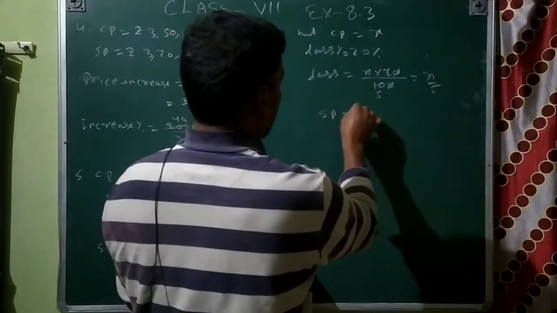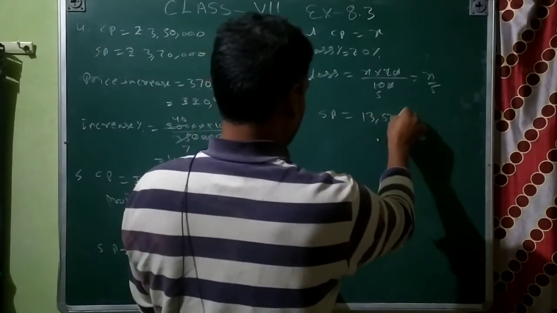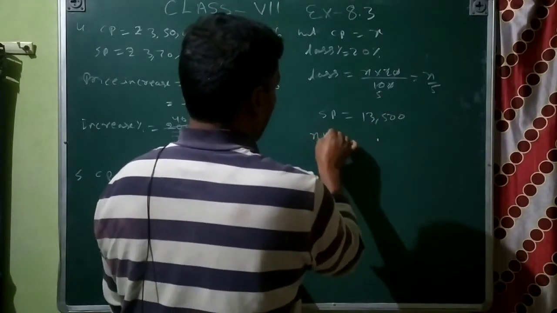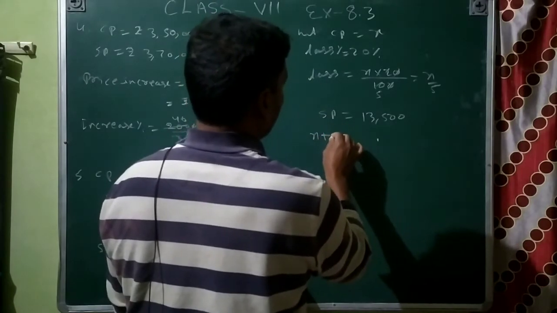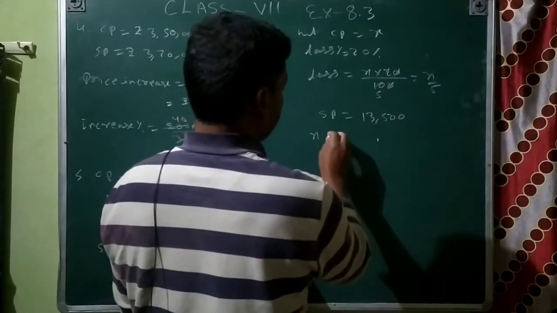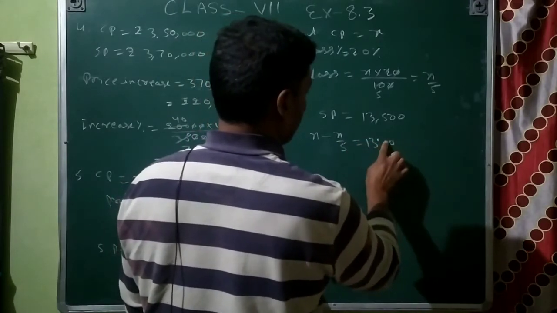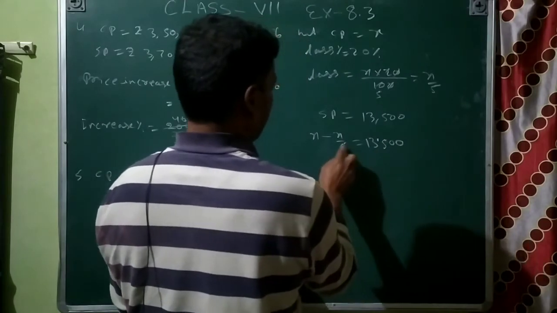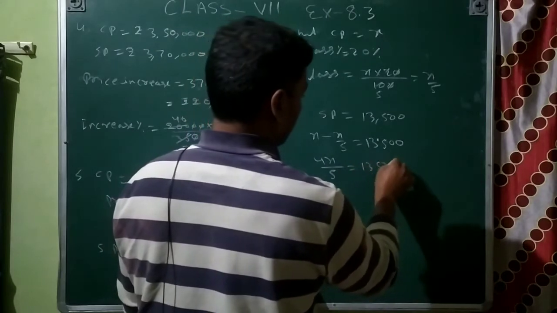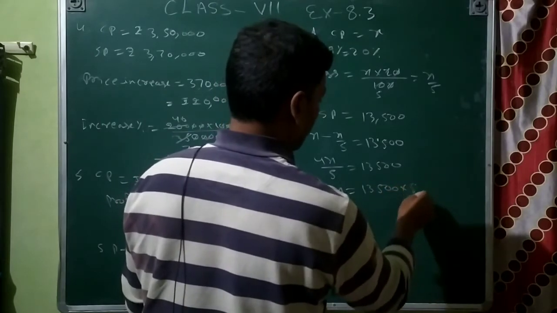So SP is already given, that is 13,500. We can also find SP as CP minus loss, x minus x upon 5, that is 13,500, and then 4x upon 5 is equal to 13,500, so x is equal to 13,500 multiplied by 5 upon 4.